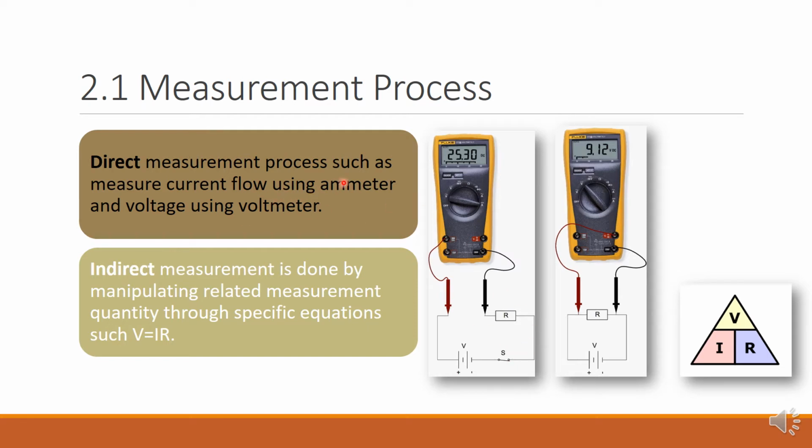For direct measurement, we are able to measure the quantity directly, for example measuring the current flow by using an ammeter. In comparison methods, the error for direct measurement is lesser than for indirect measurement. This error depends on the accuracy of each measurement instrument.